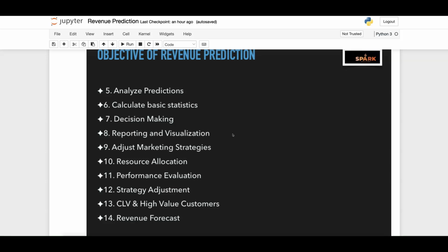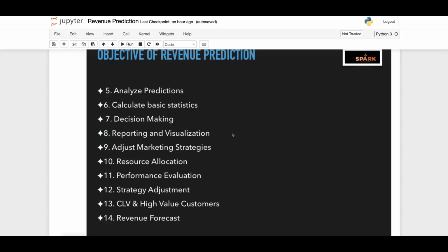And in this case, we're going to find prior to our prediction that we have uncovered the customers who are high value customers versus the low value customers. Then we would be analyzing the predictions to help identify the reliability of the model and whether it aligns with the historical performance.